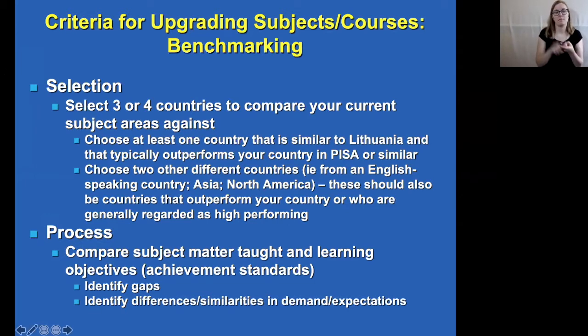So in other words, the learning objectives, the outcomes, what are your students expected to be able to do and to know at the end of those courses?